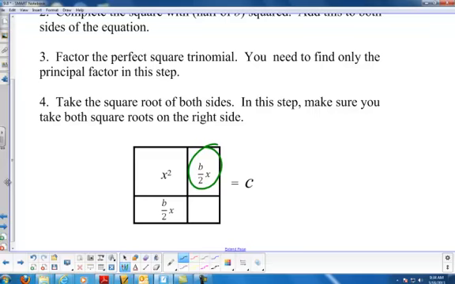you know that your factored form is the x squared plus the half of bx, and then you can FOIL it out.